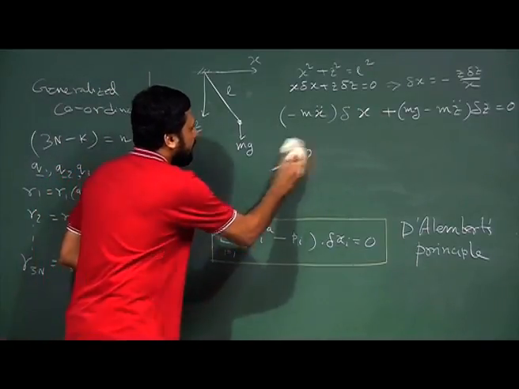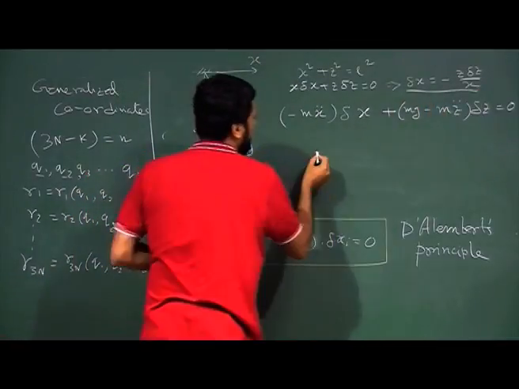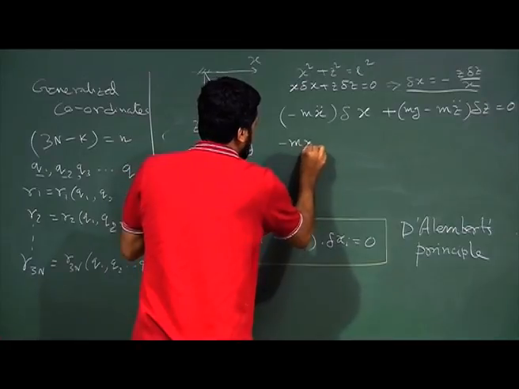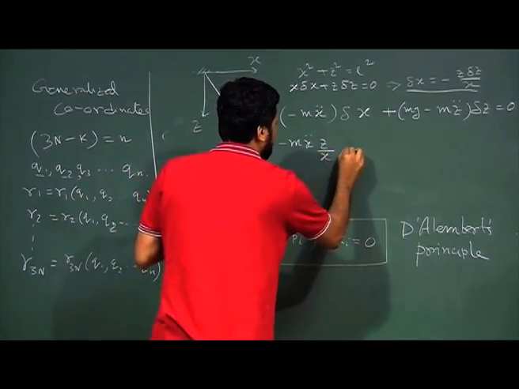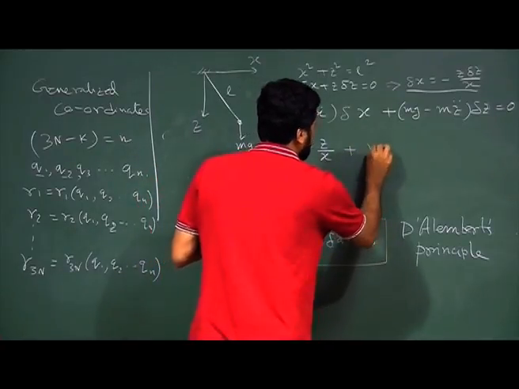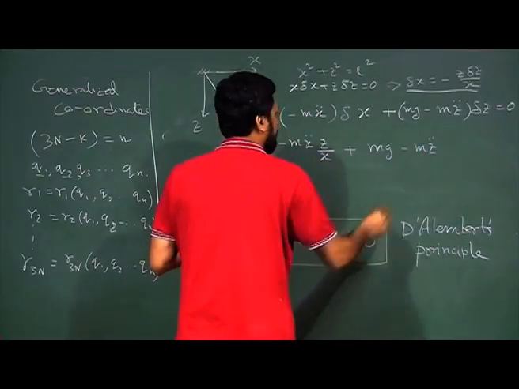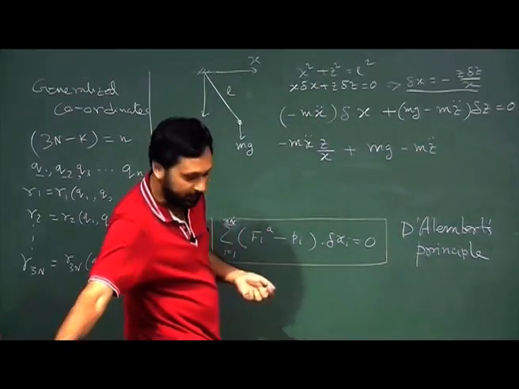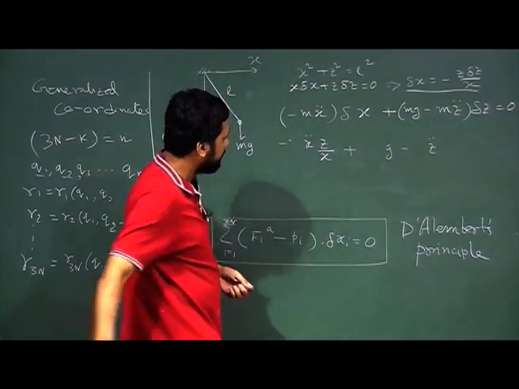So, we do that, and once we do that, we substitute this for delta x, we see minus m x double dot z by x plus mg minus m z double dot. Of course, m can also be taken out of the system, right.